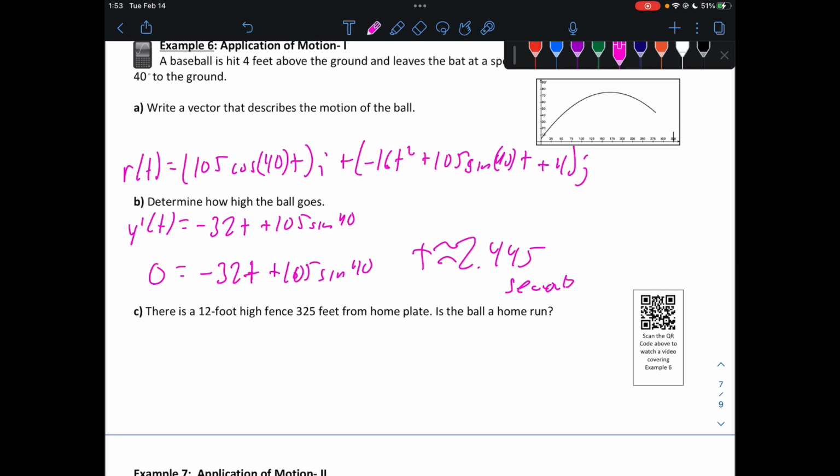So we're going to set the x coordinate, which is 105 cosine 40 t, equal to 325. So t equals 325 over 105 cosine 40.